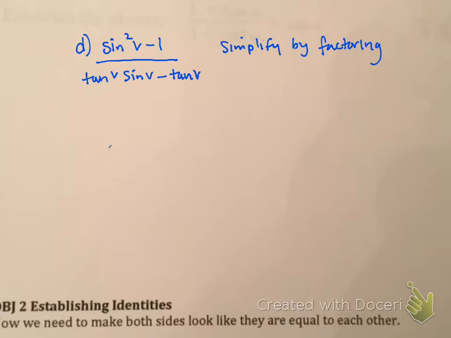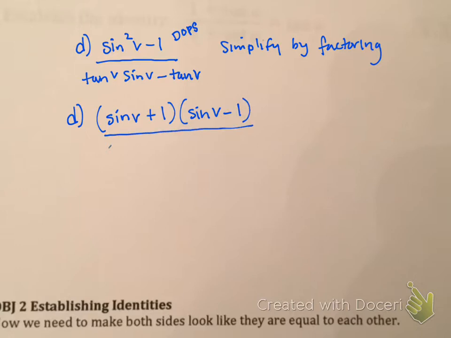Alright, so in the numerator, this is the difference of perfect squares. So if I factor that out, I get sine v plus 1 and sine v minus 1 all over. Now, since both terms in the denominator have a tangent v, I'm going to go ahead and pop that out.